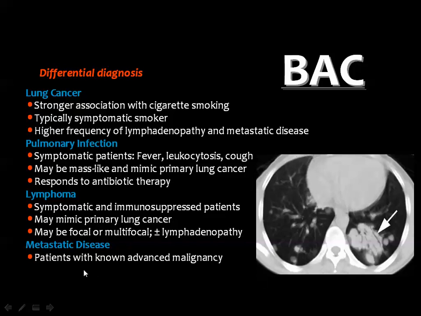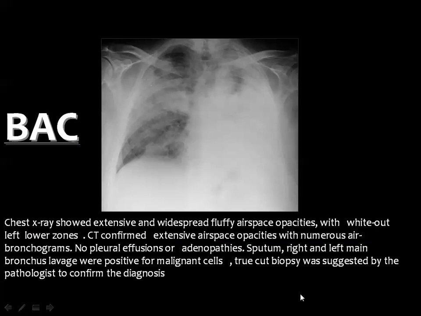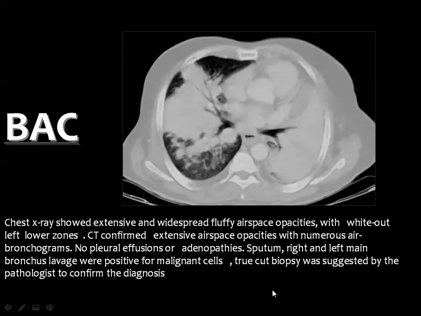And pulmonary deposits, of course, you know that deposits do not contain air bronchogram, and the patient should have a known primary malignancy. Then if you look here, you see an opaque left hemithorax and patchy areas in the right hemithorax. The CT scan showed patchy areas with air bronchogram, some ill-defined pulmonary nodules, and areas of consolidation.